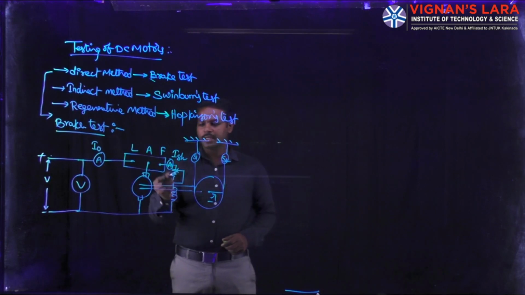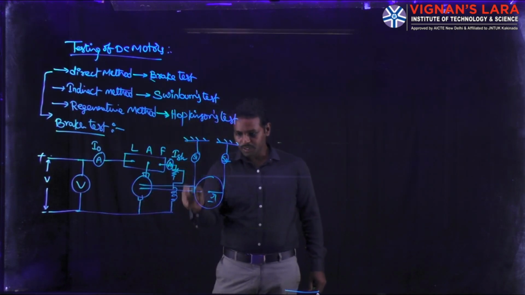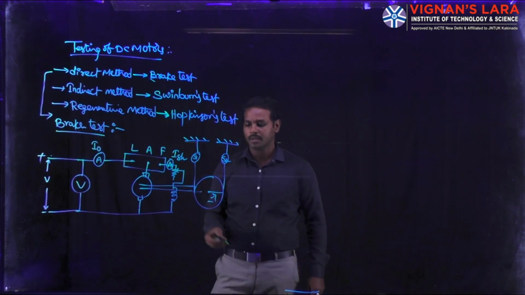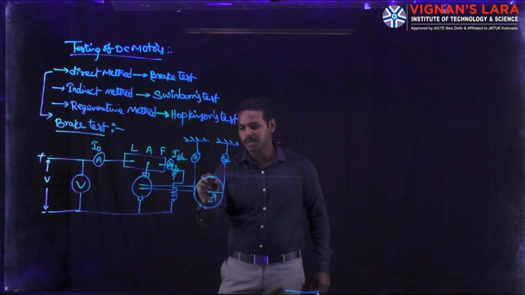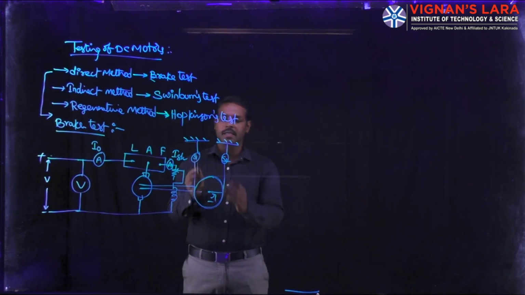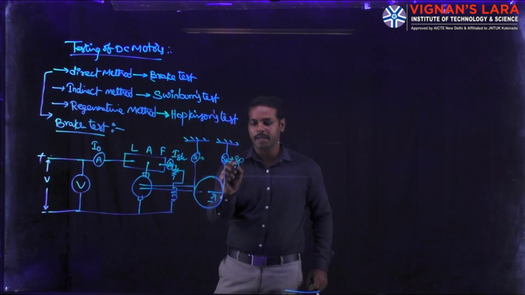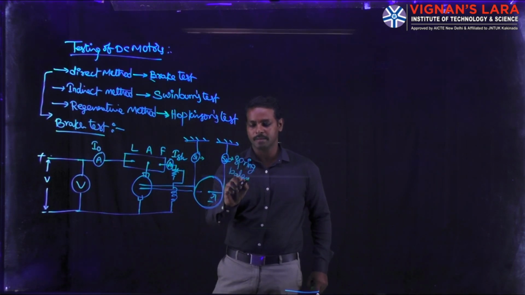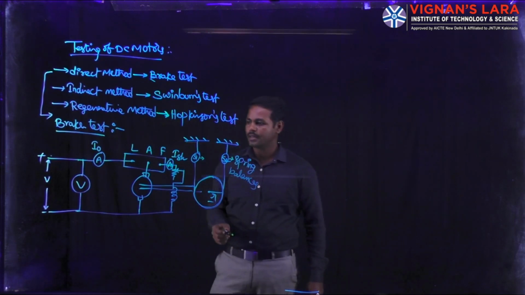After reaching the rated speed, the motor is directly coupled to the shaft or pulley, which is an air-circulated pulley. The outer surface of the pulley is connected to two spring balances, denoted by S1 and S2.